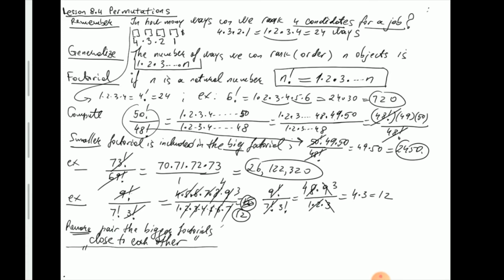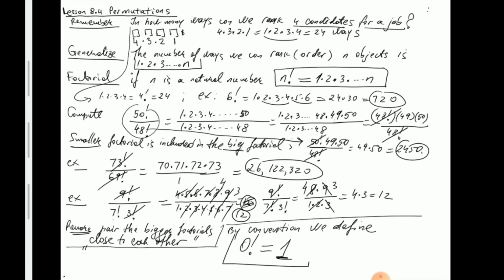By convention, and I'll explain that when we move to the permutation, by convention, we define 0 factorial as being 1. In mathematics, many situations are in such a way that some conventions are made to make our life easier. Because notice 0 factorial doesn't fit the description of the factorial that we talked about, right?